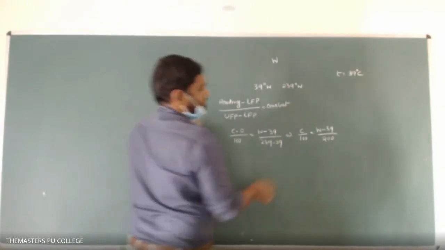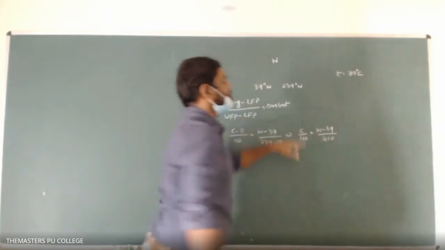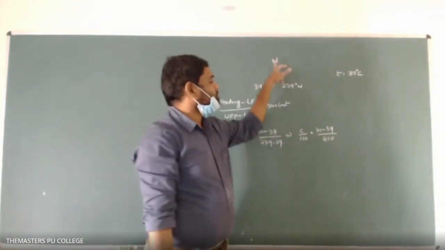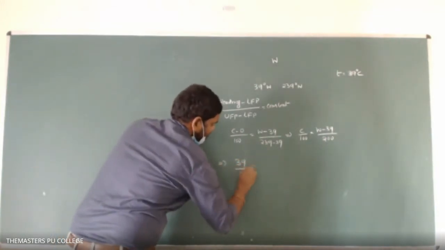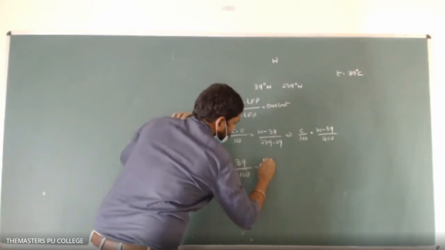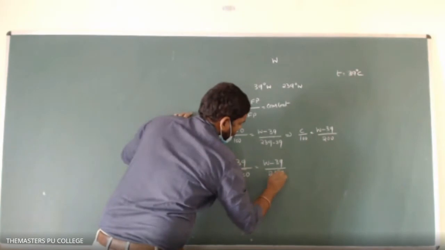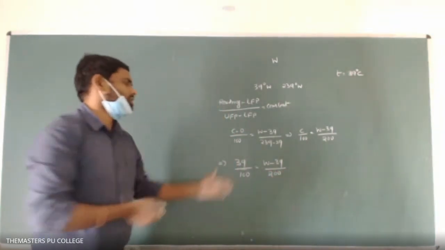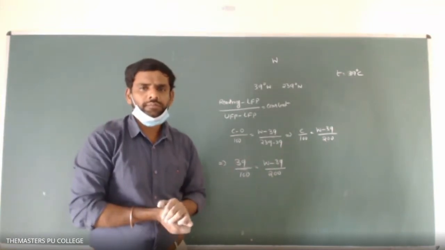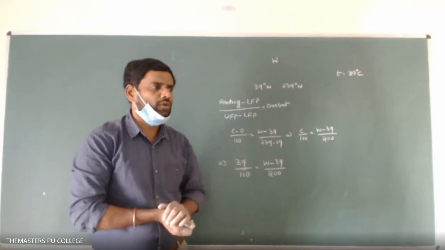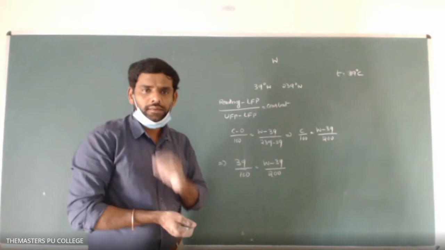Here, they have given the reading on the Celsius scale, 39 degrees, and asked us to find the value on this new scale, W. If I substitute, 39 divided by 100 equals (W minus 39) divided by 200, and we can calculate the value of W. What value did we get? 117.